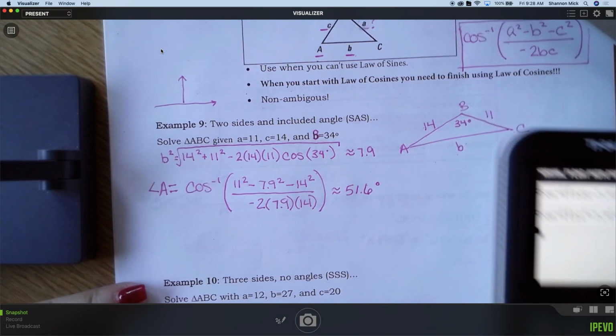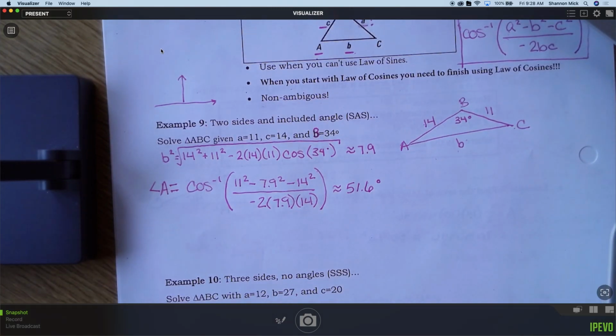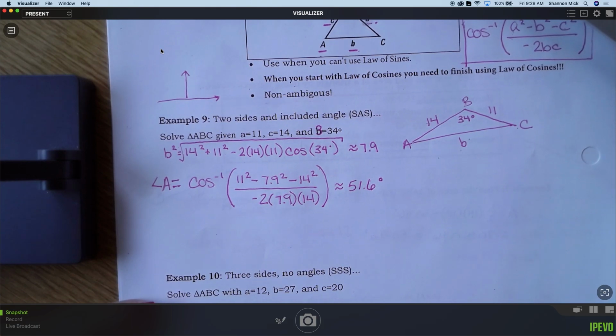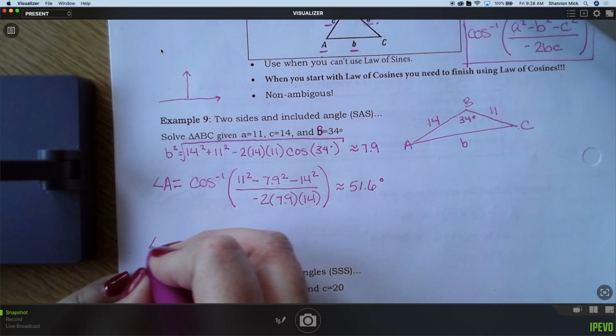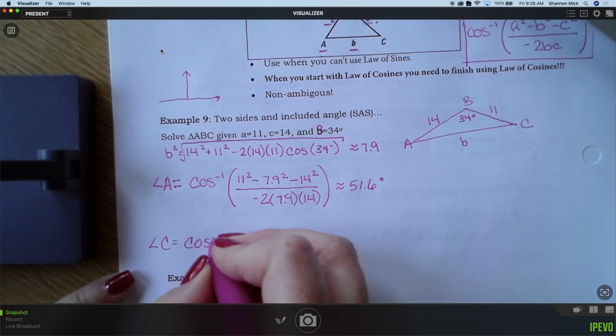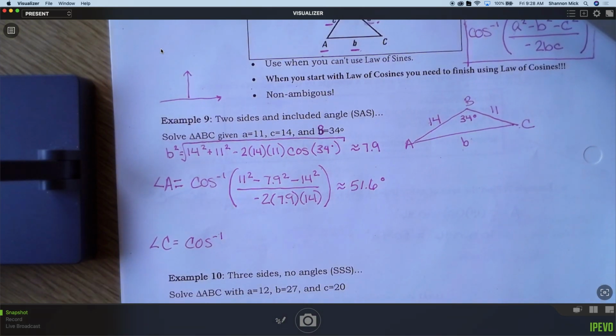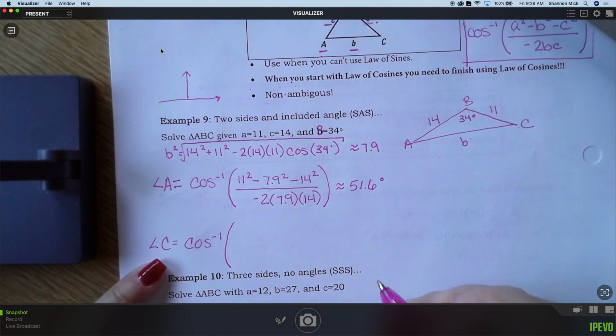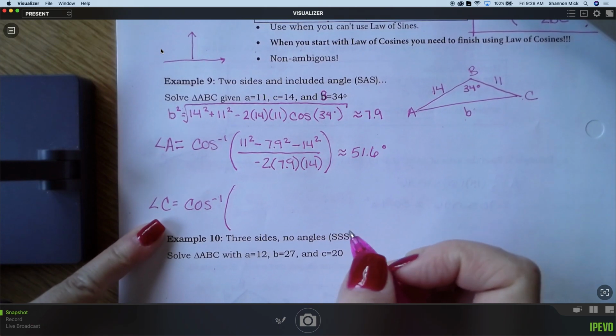Now, I'm going to make you use law of cosines again to find angle B, just so we can practice it. Angle C, sorry. So angle C is going to be inverse cosine again because we're looking for an angle, yes? Okay. So if we're doing angle C, we need that side, which is what? 14.